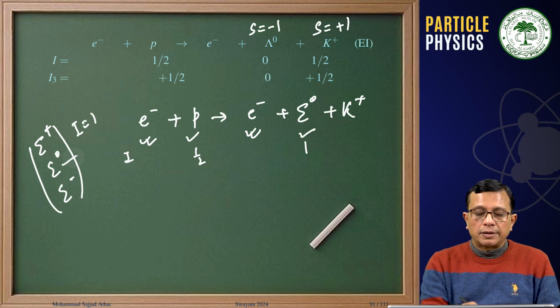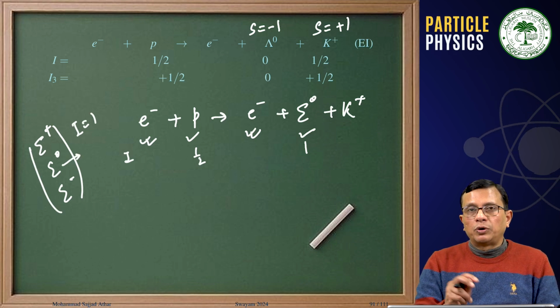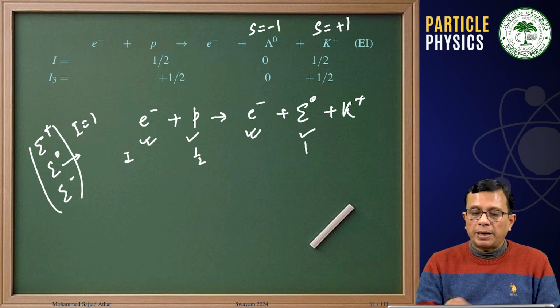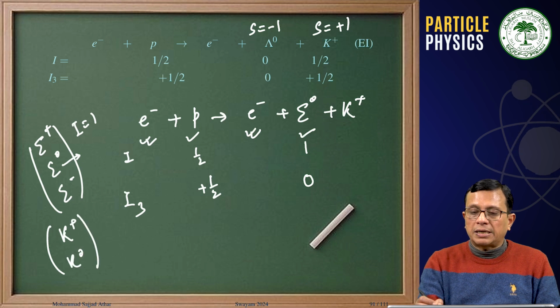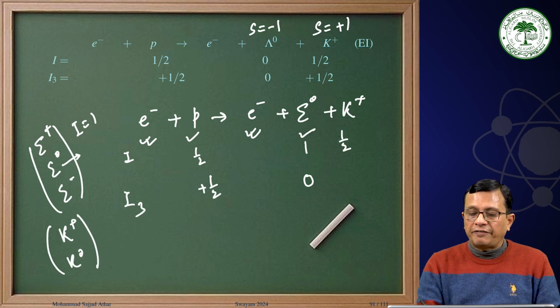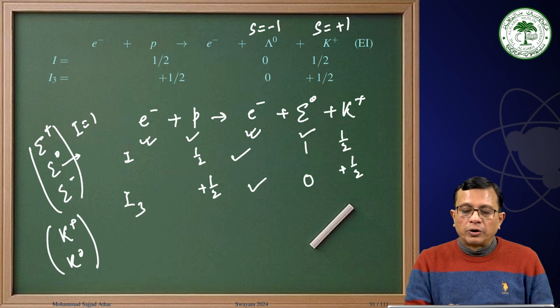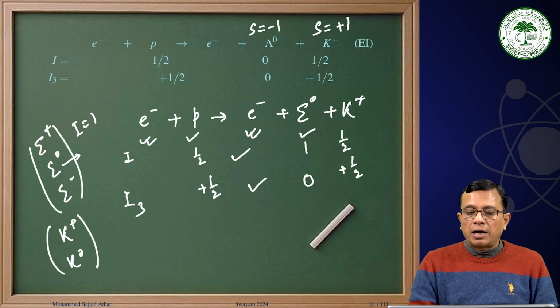And this is sitting in the middle. Therefore, the third component will be plus 1, 0 and minus 1, so I3 will be 0. This is plus half. And then K plus and K0, they are members of a doublet like here. Therefore, this will be half and this is plus half. Notice you are conserving I, you are conserving I3. Therefore, this will be a possible process.